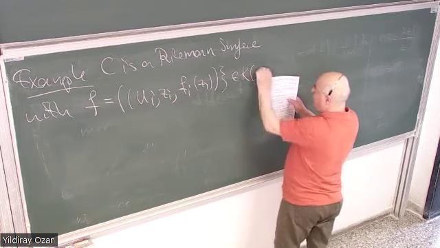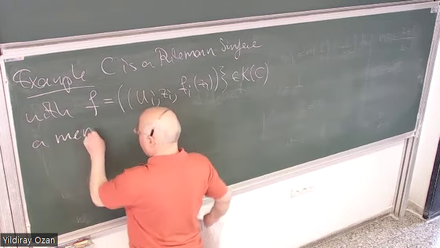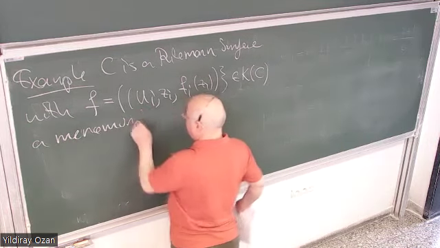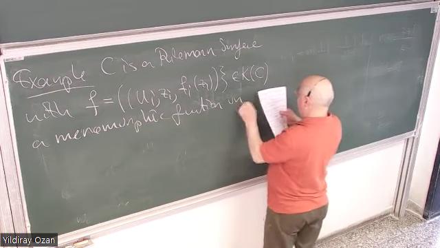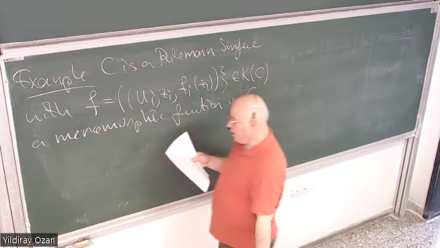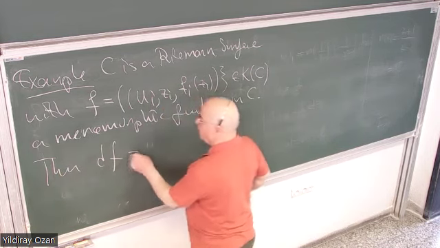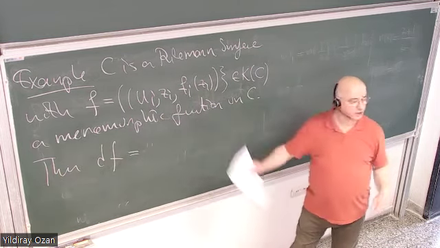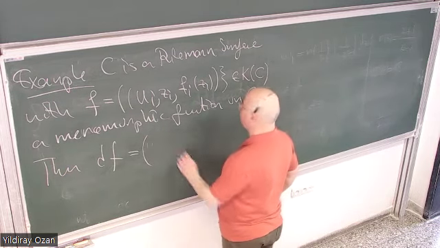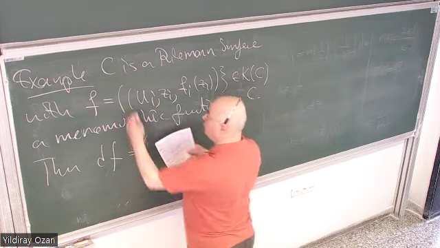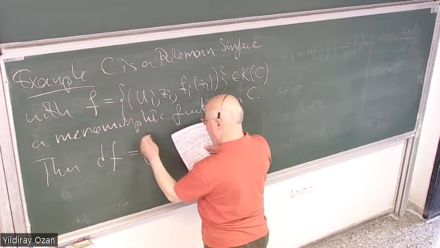So this is a meromorphic function on C. Then df. So I can take differential of this function. What will be the differential? Differential will be a differential one form.